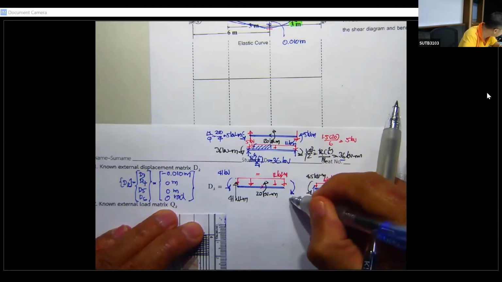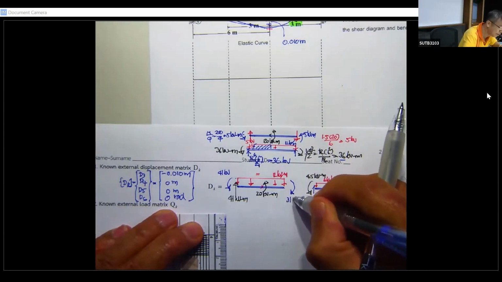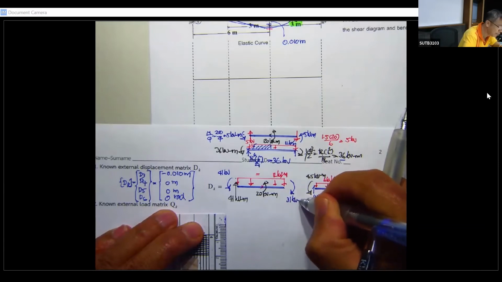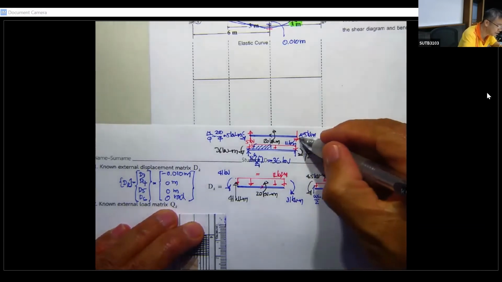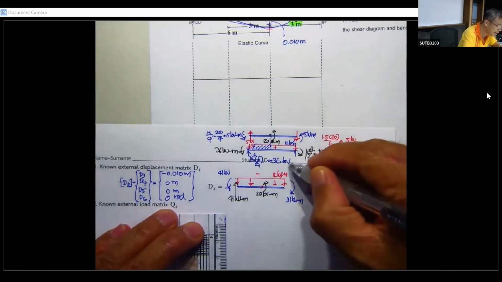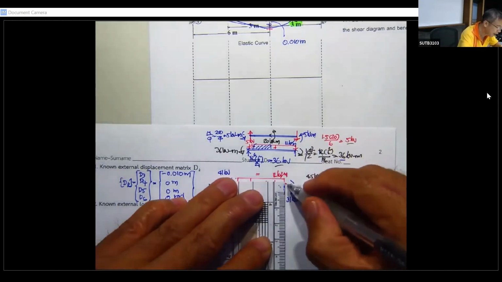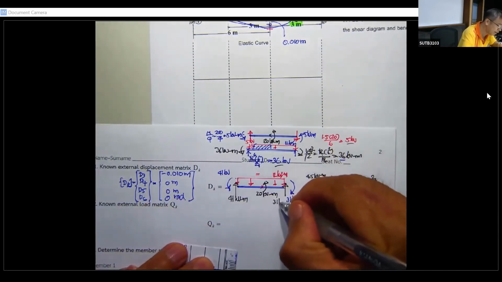It's going to be 31 kilonewton meter. This one 31 kilonewton meter, and the shear also in the opposite, 5, and the shear here is 36. So it's going to be upward with the 31 kilonewton.